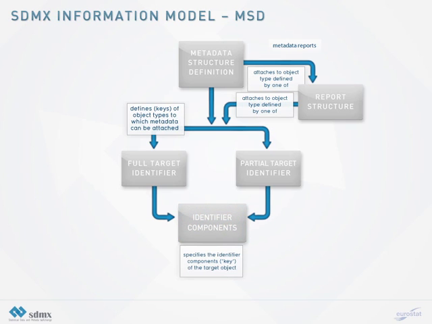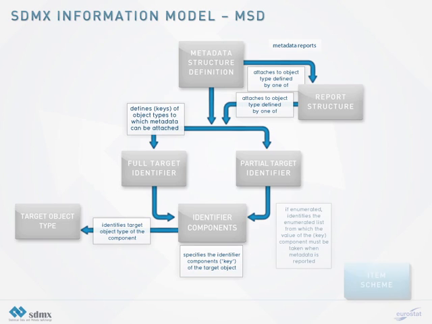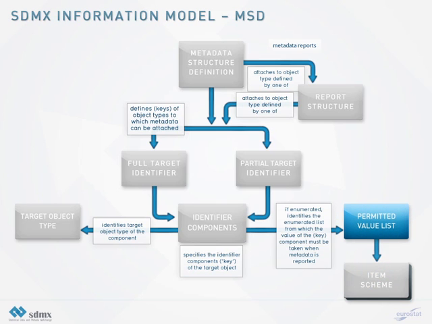An identifier component must have an association to an object type, which must be one of the formally recognized object classes from the information model, for example, a category. An identifier component can have an association to an item scheme which enumerates the possible values for the component.